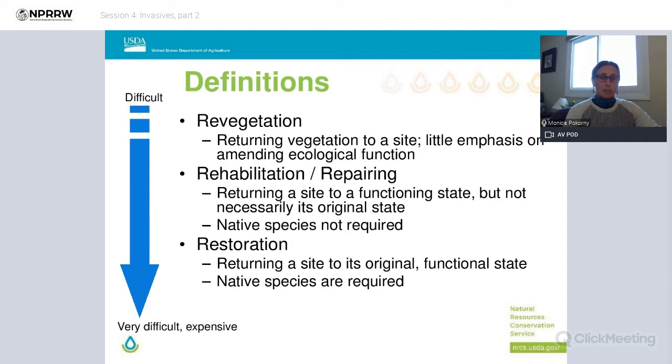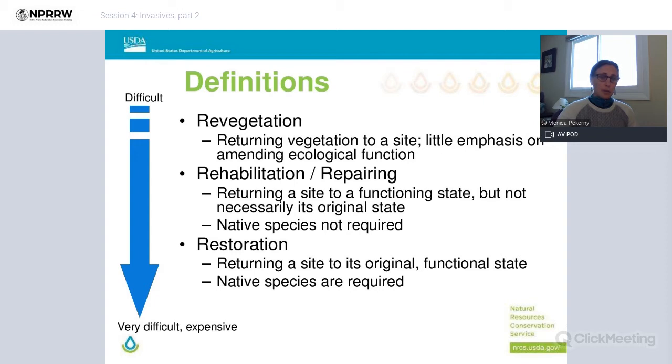So a lot of times in these studies and examples, native species aren't necessarily required. And restoration is sort of the high end of these different projects, where we're trying to return a site to its original state and a functioning state. And native species are really required on these sites.